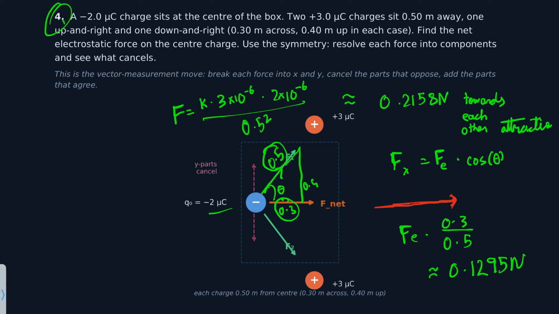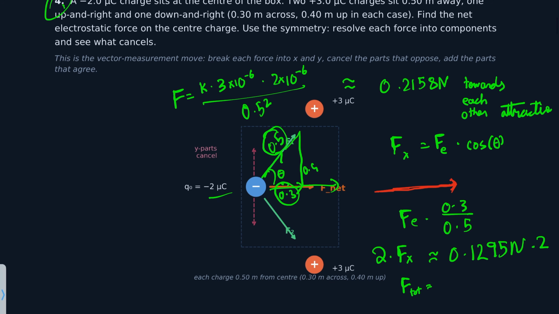But this is one of the two forces, and we know that since both of them add up, we'll have two of them. So our total force is just 2 times the force in the x direction, as I just showed you why, which is 0.259 newtons. Okay, there you go.